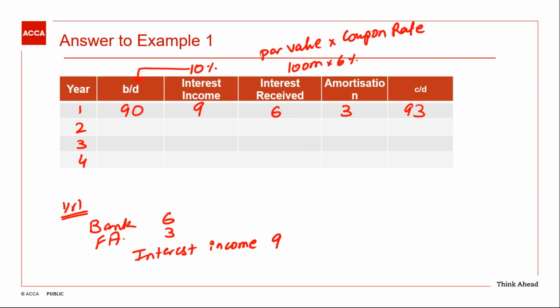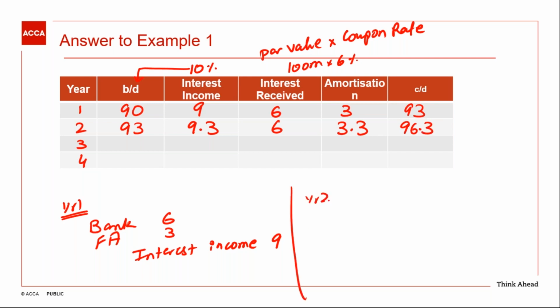So we are going to use the interest income applied on the brought down and the coupon rate to calculate the interest received. Now in year 2, my brought down is going to be 93 and 10% of that is going to be 9.3, although I've received the interest of 6. So this year's amortization is 3.3 and the carried down will become 96.3.